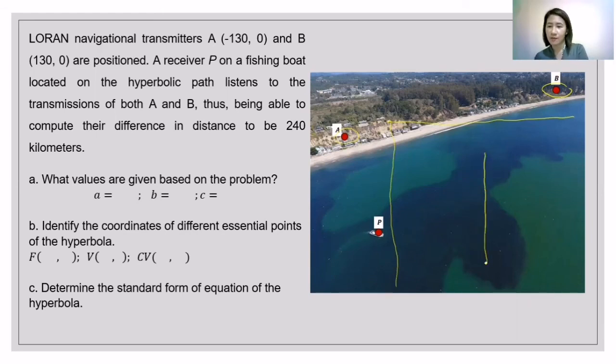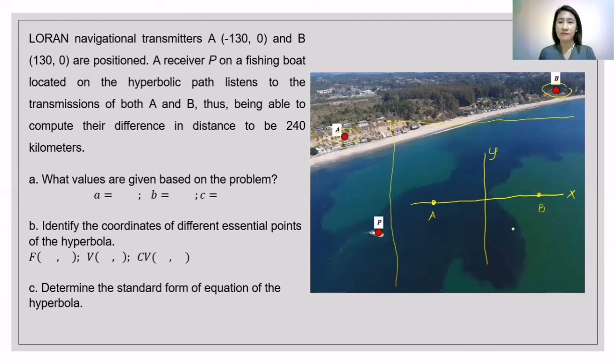So let's say this is our y axis and this is our x axis. And then it is noted that A and B are the foci and they are 130 away from the center. So let's say this is A, which is -130, and this is B, which is +130.